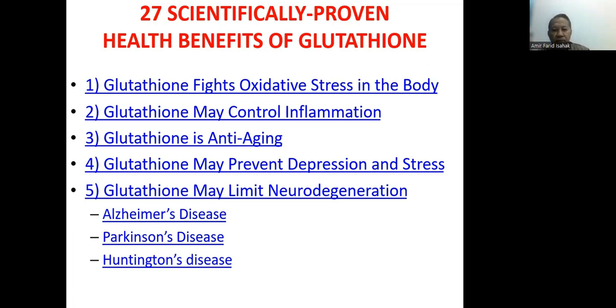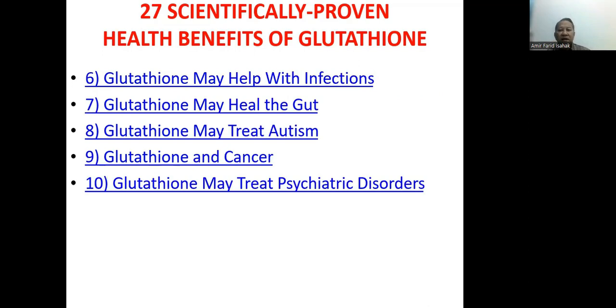Glutathione may prevent depression and stress. It may limit neurodegeneration, including Alzheimer's, Parkinson's, Huntington's. May help with infections, may heal the gut, may treat autism, and may be useful in cancers, especially in preventing cancer.